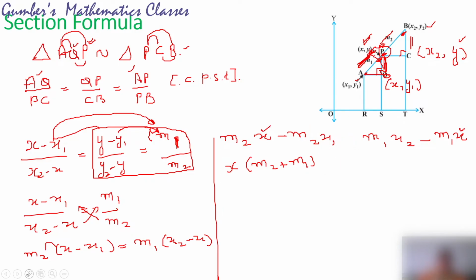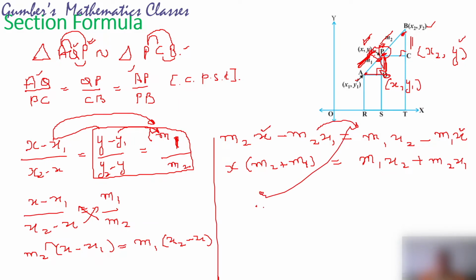This is actually an equal sign. Let me rewrite this. This is equal to m1x2 plus m2x1. When m2x1 comes here, it will become positive.